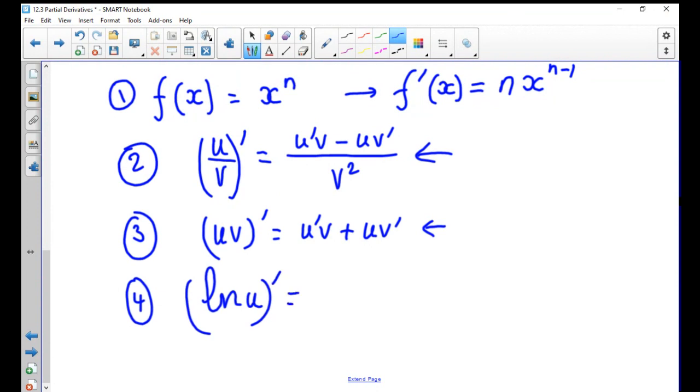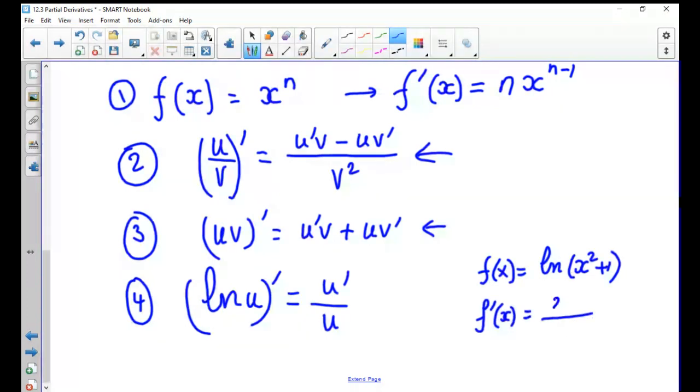If you want to differentiate ln of u, it's actually u prime over u. That means, for example, if your function is ln of x squared plus 1, then its derivative will be 2x over x squared plus 1. So this comes from this rule.